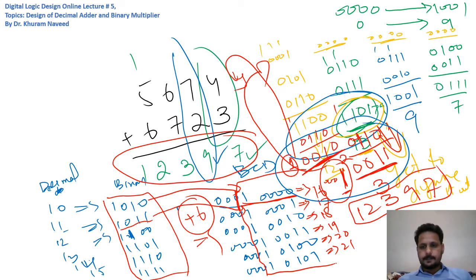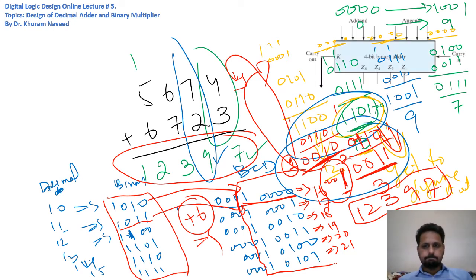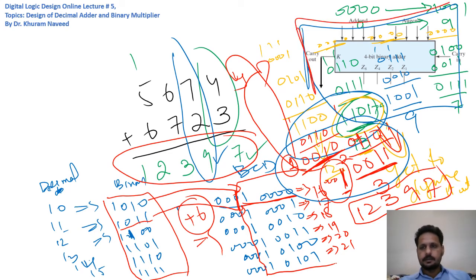So now since we already have a 4-bit binary adder, we have already designed a hardware for it. So this means we can use this 4-bit binary adder to perform a decimal addition of two BCD codes, because we know BCD codes are in 4 bits, and this is a 4-bit adder.